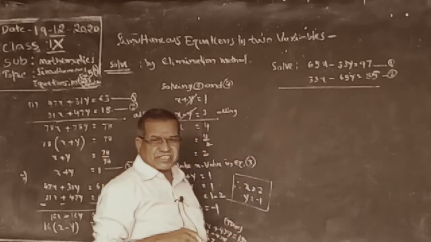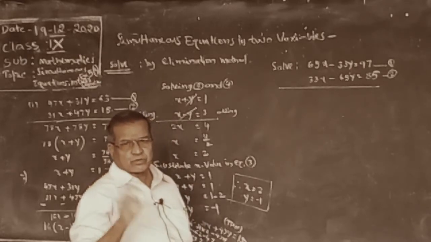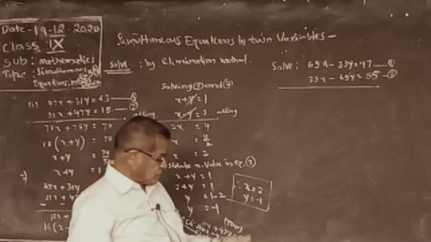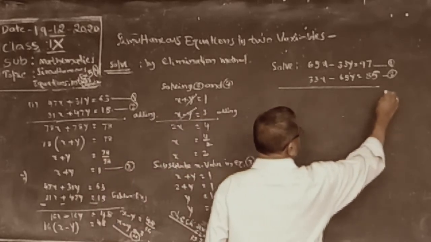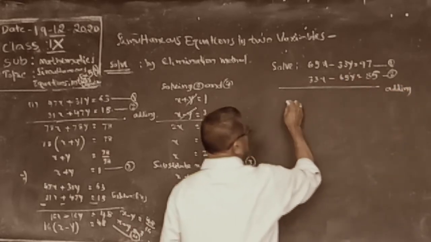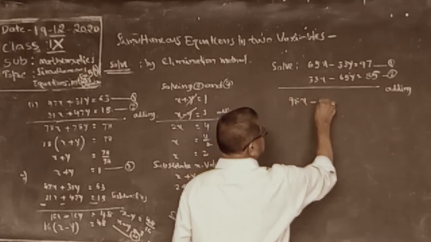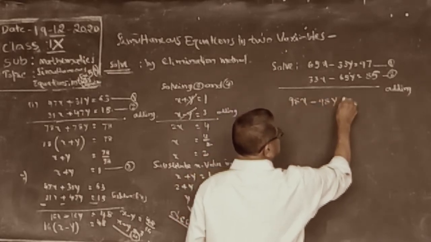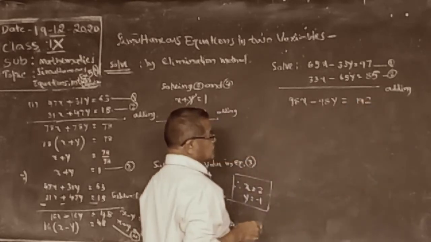Once add, first time add, second time subtract. We get two more new equations. This is adding: 98x minus 98y is equal to 98.